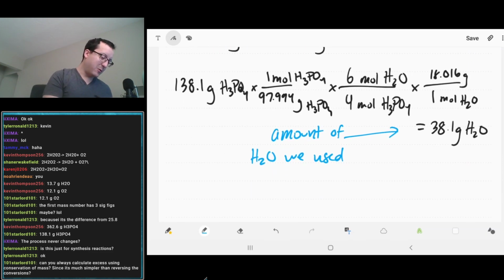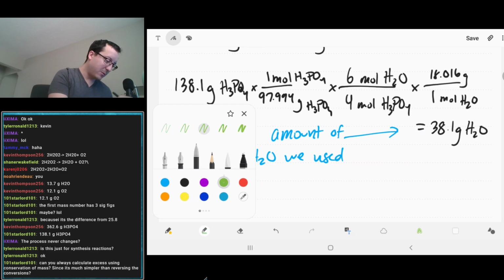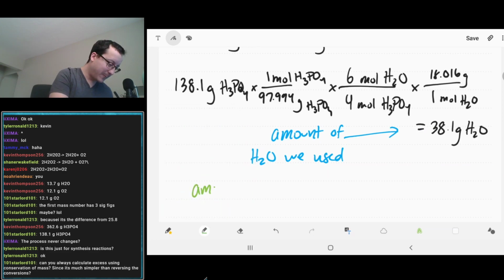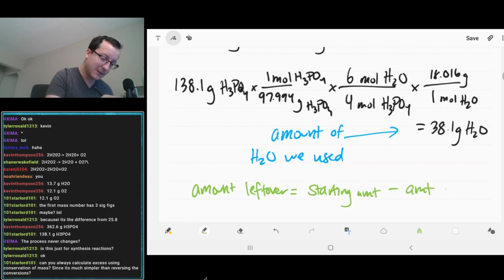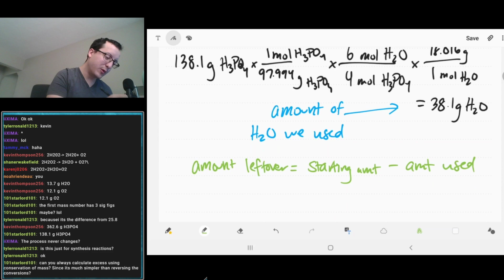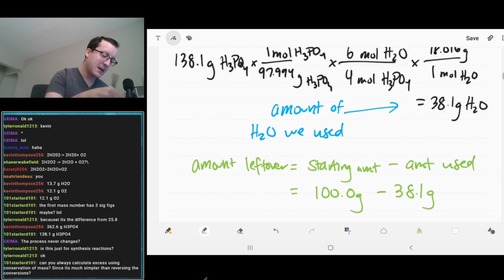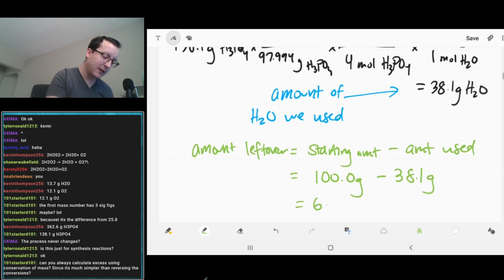And so the amount left over is the starting amount minus the amount used. We started with 100 grams and we used 38.1 grams, so that's going to be 61.9 grams of water left over.